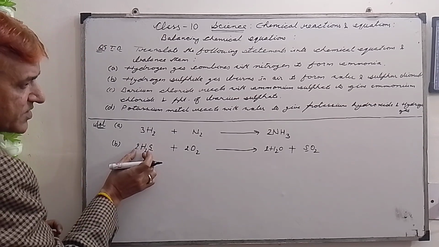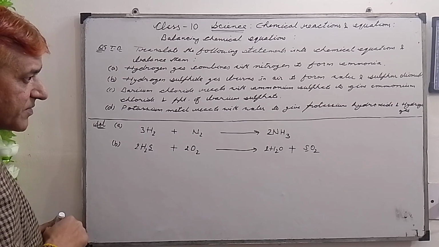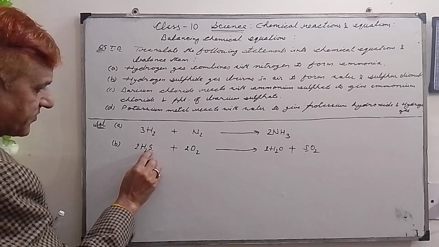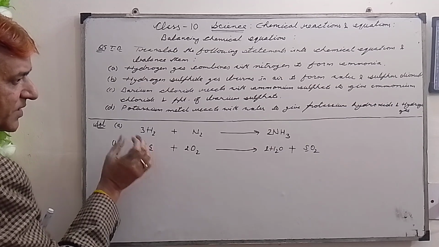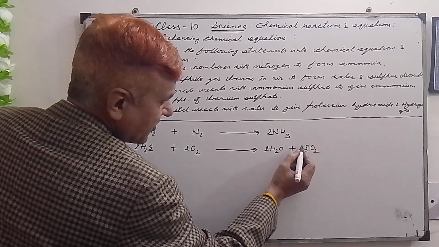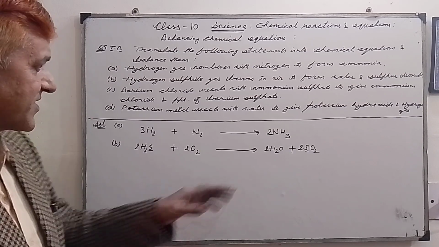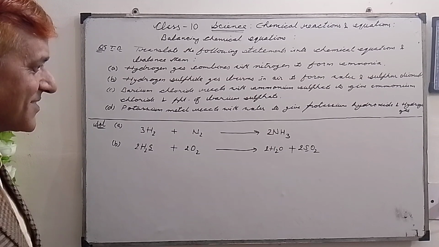So hydrogen is also balanced. Now when I balanced hydrogen, sulfur got disbalanced. Here we have 2 atoms of sulfur and here 1 atom, so I have to multiply this by 2. So sulfur is balanced, but now oxygen got disbalanced.